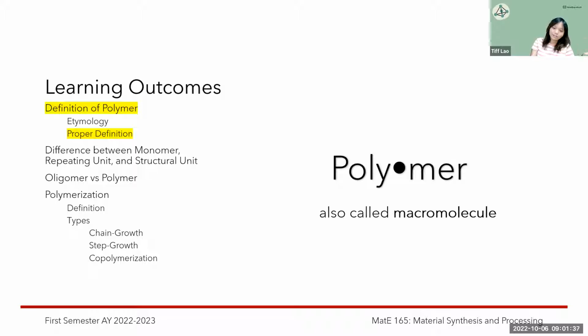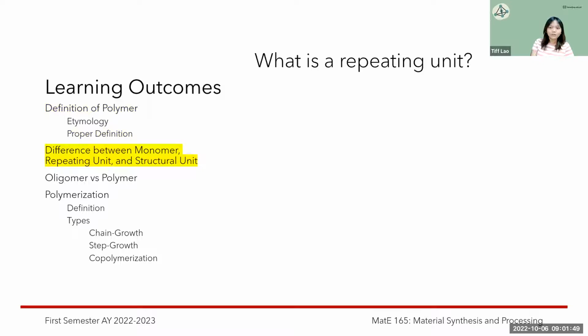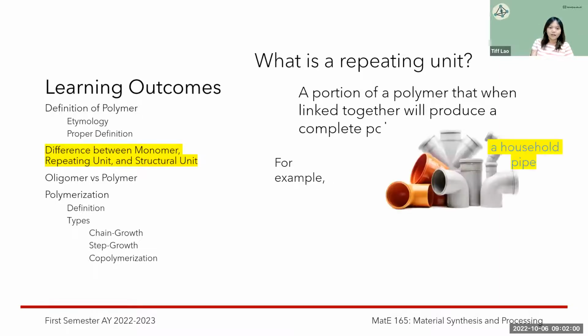So a better definition of polymer is a large molecule made up of small repeating units. So what is a repeating unit? A repeating unit is just a portion of your polymer that keeps on repeating until you form the polymer. For example, a household pipe.